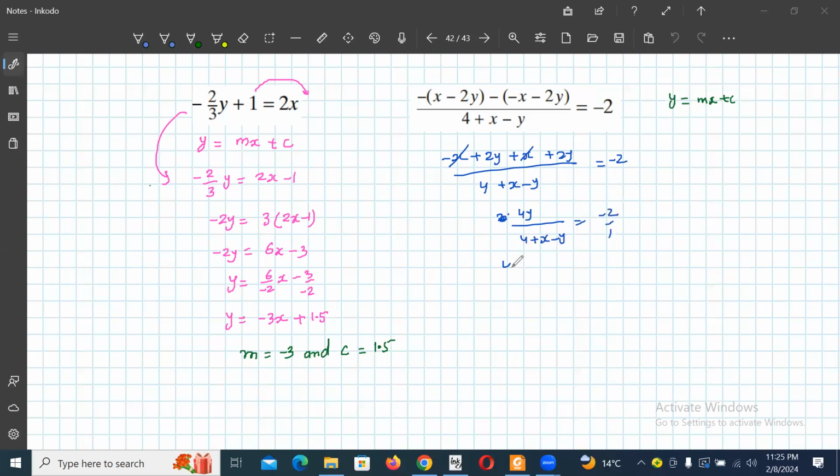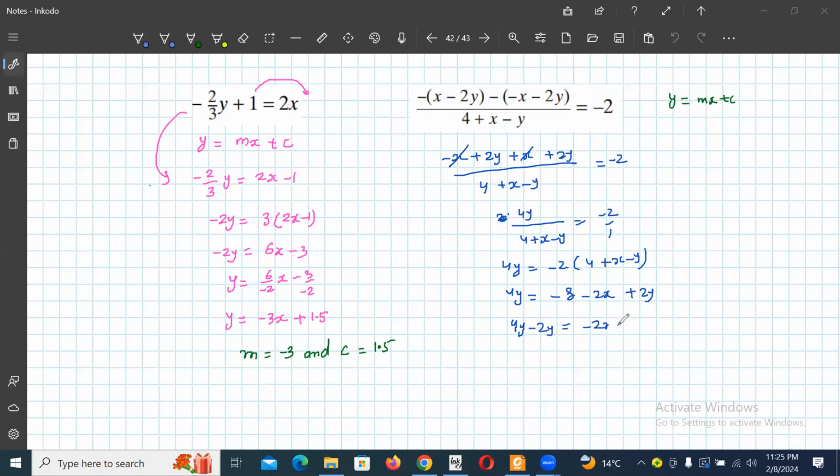Now we can cross multiply. So 4y is equal to minus 2 bracket open 4 plus x minus y, multiply minus 2 inside. So 4y is equal to minus 8 minus 2x minus minus plus 2y. We have to rearrange so that we can make y the subject. So bring 2y from right to left: it would be 4y minus 2y.